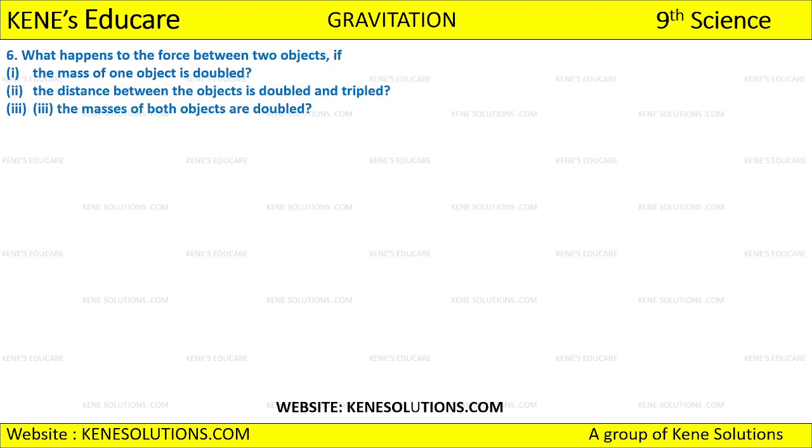Then we have the sixth question: what happens to the force between two objects if the mass of one object is doubled? For answering this, we know that from the universal law of gravitation, the force exerted by an object of mass m is given by F is equal to G times the product of masses upon r square.